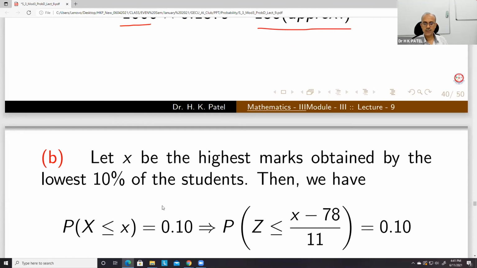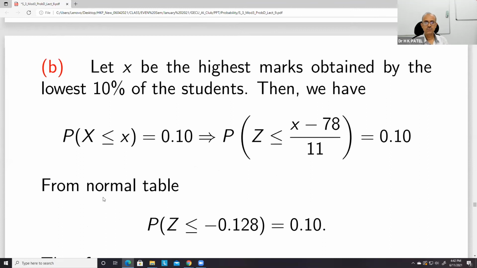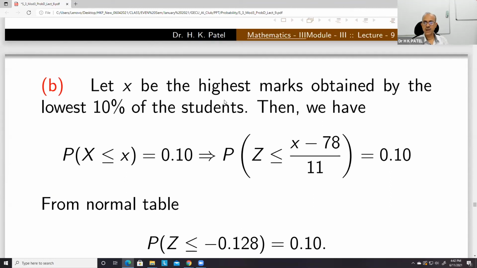Now part B says the maximum marks obtained by the lowest 10%. Let x be the highest marks obtained by the lowest 10% of the students.